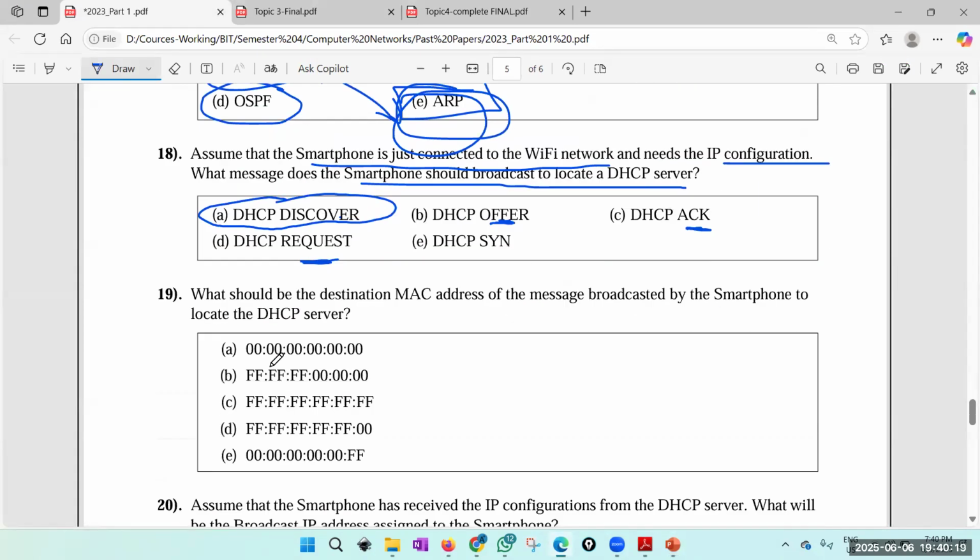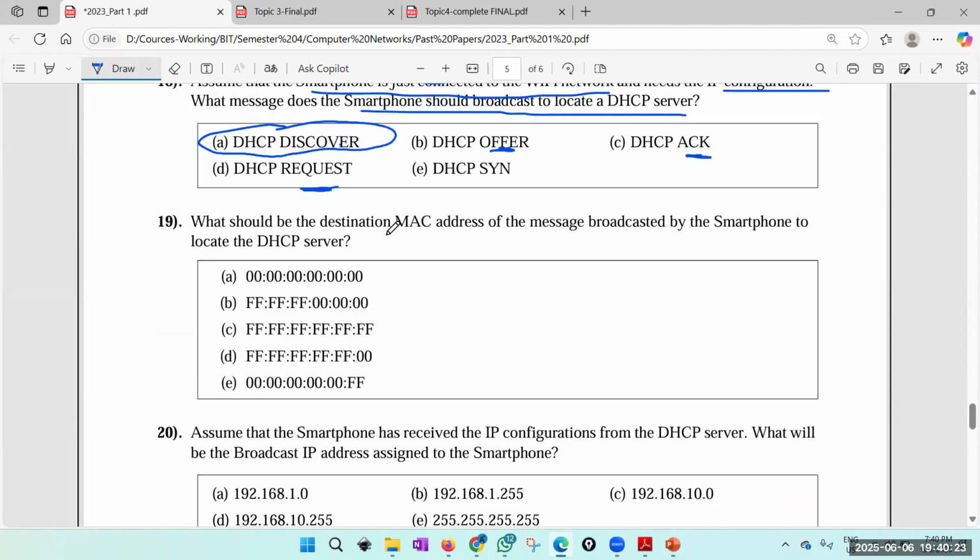Right. 19th one. What should be the destination MAC address of the message broadcasted by the smartphone to locate the DHCP server? So remember, in IP addresses, the broadcast IP address is the biggest one. When we create a subnetwork, we reserve two IP addresses: the smallest is the subnet ID, the biggest is the broadcast ID.